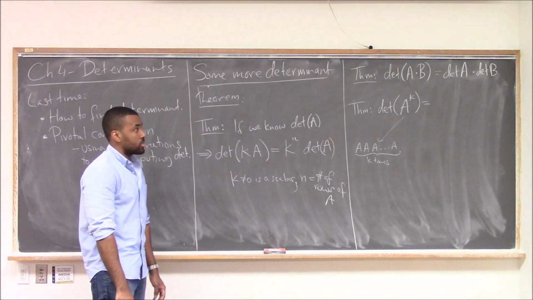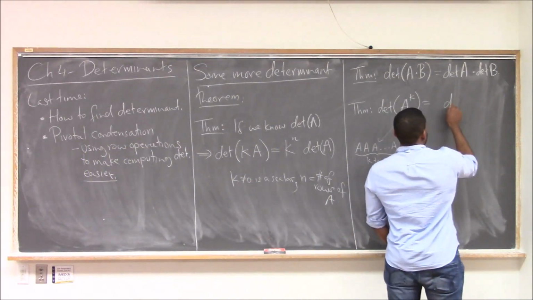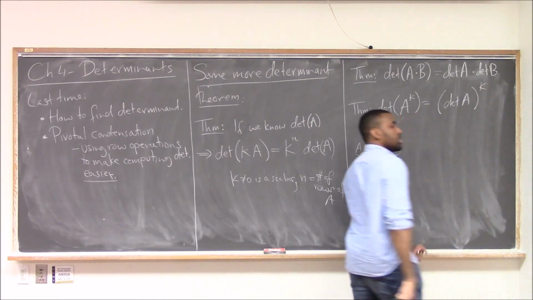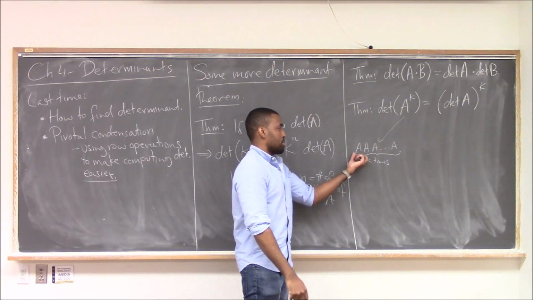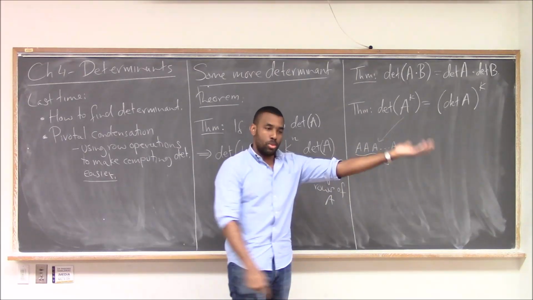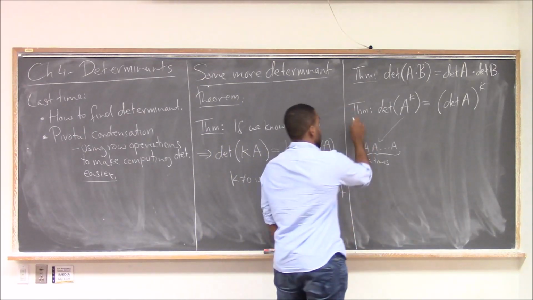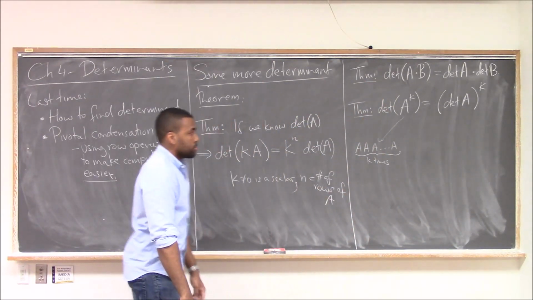What would the determinant of such a thing be? The determinant of A to the power of k. I would take the determinant of the original matrix and raise that to the power of k. Because if I take the determinant of this, it's just the determinant of that times the determinant of that times the determinant of that, which ends up multiplying the determinant k times. So this is just a direct consequence of that being true.